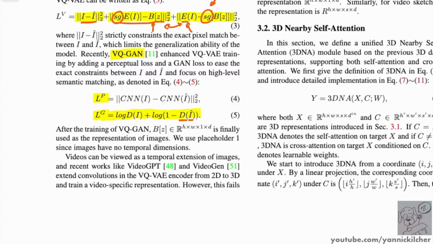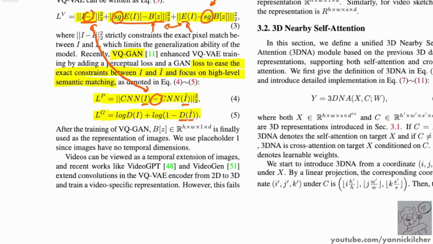They also introduce a perceptual loss. They simply write this down as: we're going to pass both the original image and the generated image through a CNN, and then we compare the two. This is in contrast to comparing the two images directly. As you can see, they say that this is meant to ease the exact constraints between I and I hat and focus on high-level semantic matching.